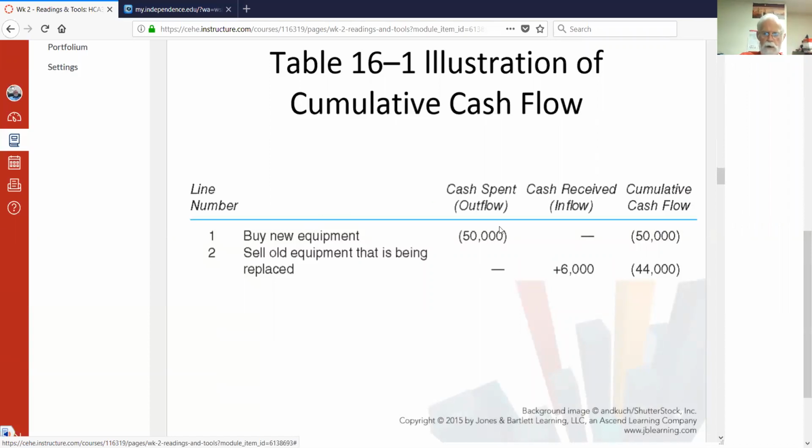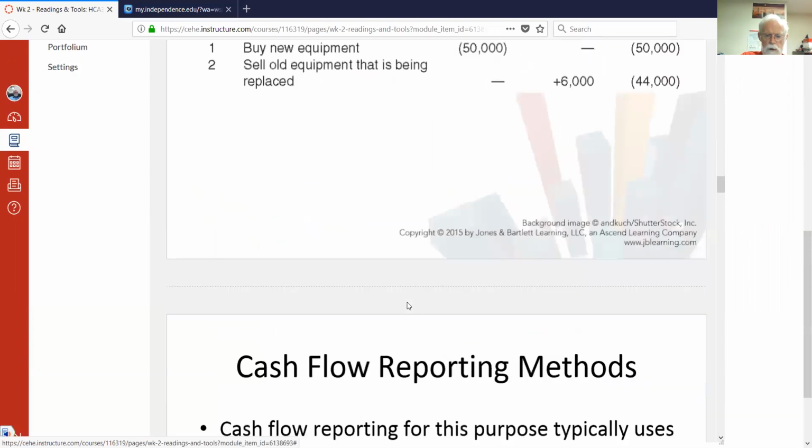So we might spend $50,000. No money is coming in because we've just bought it. But we might have old equipment that we're disposing of, so we can sell that. So the net cash flow is $44,000 instead of $50,000.